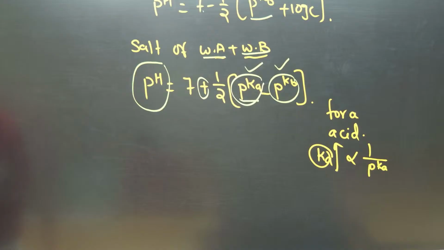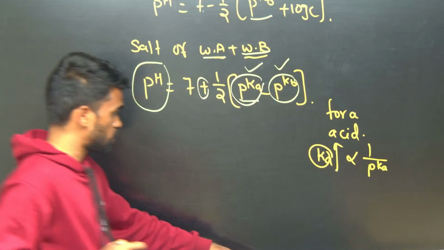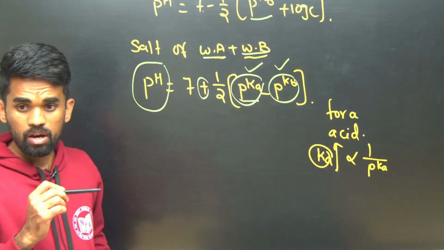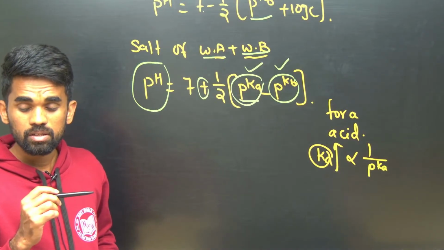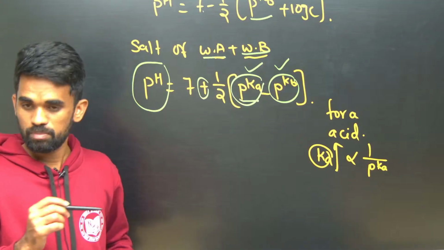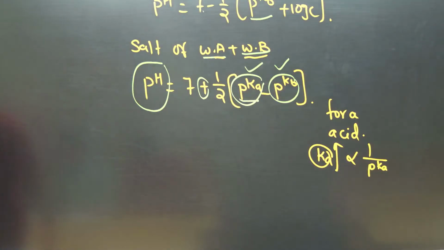pH equals 7 plus half pKa plus log C. Okay, now write the question.